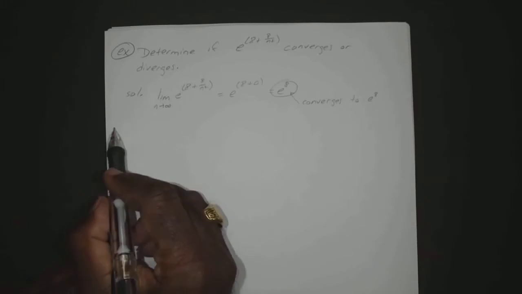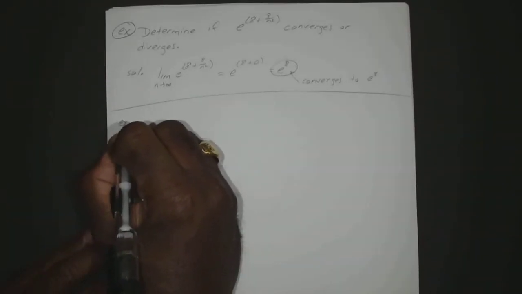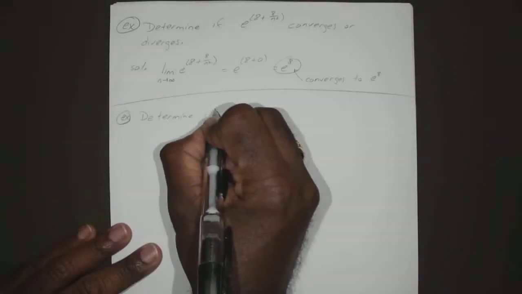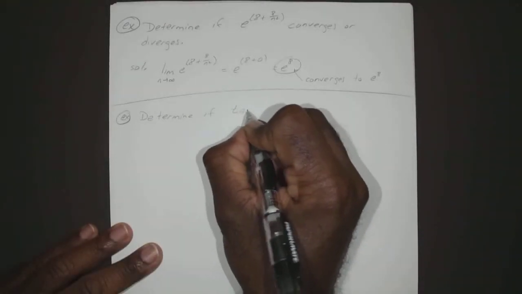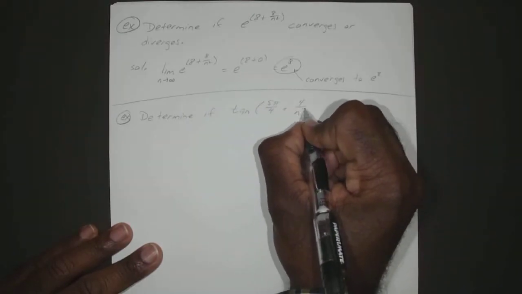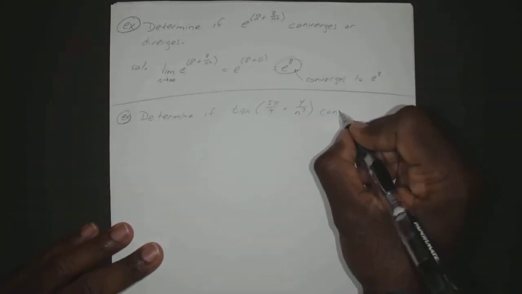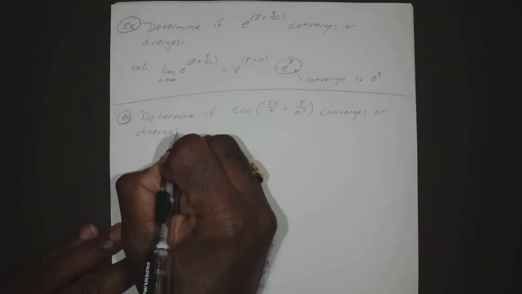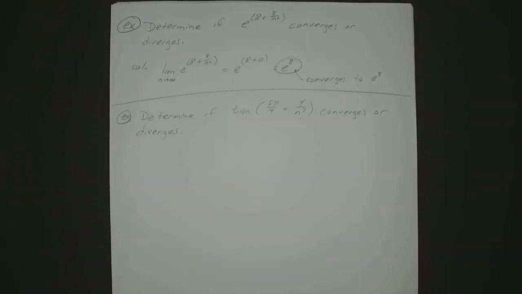All right, so let's say we decide to determine if tangent of 5 pi over 4 plus 4 over n to the 7th converges or diverges. Once again, we're just going to take the limit as n approaches infinity.